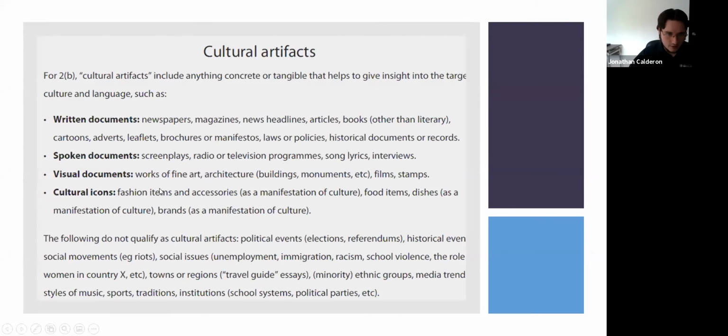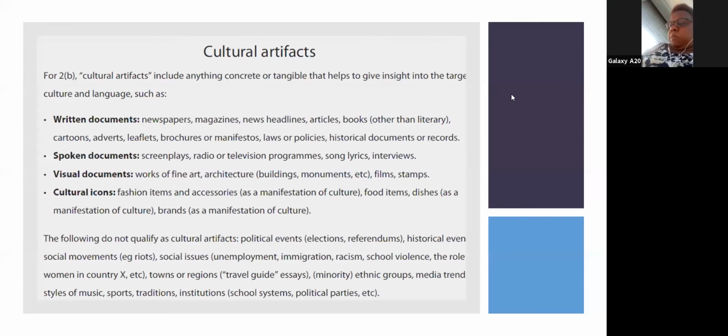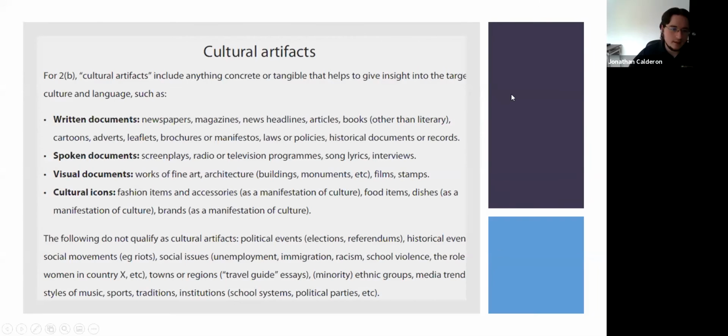It could be a visual document, so for example, a work of art, architecture, buildings, etc. And cultural icons such as fashion items and accessories as a manifestation of culture, food items, dishes as a manifestation of culture, brands as a manifestation of culture, etc.